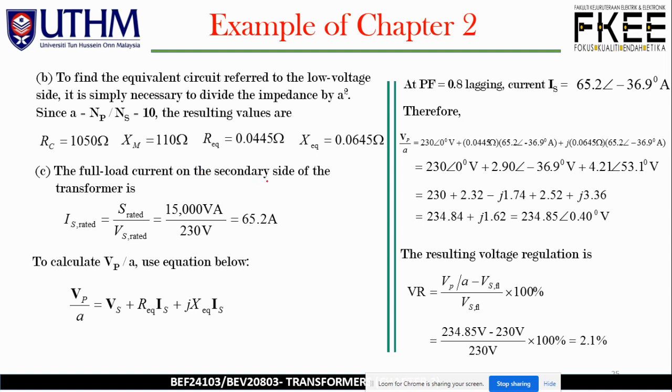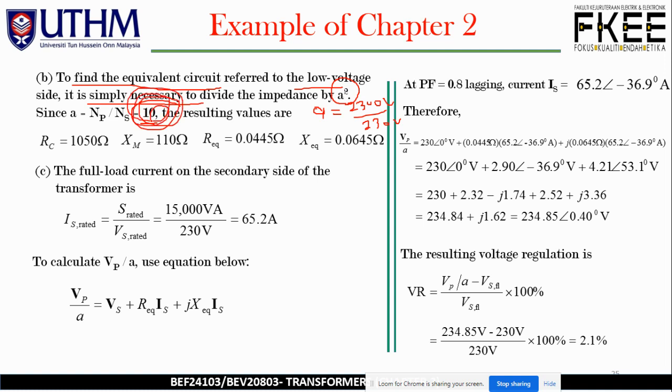So we have done with the first question, which is referred to the high voltage side. Now to find the equivalent circuit referred to the low voltage side, it is simply necessary to divide the impedance by a squared, since a equals NP over NS. From the question, a is 2300 volt over 230 volt, so this is equal to 10.